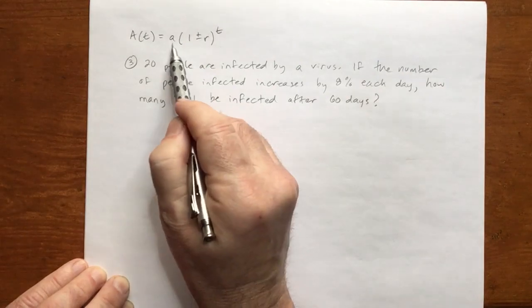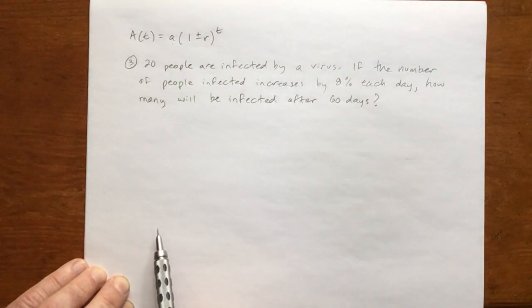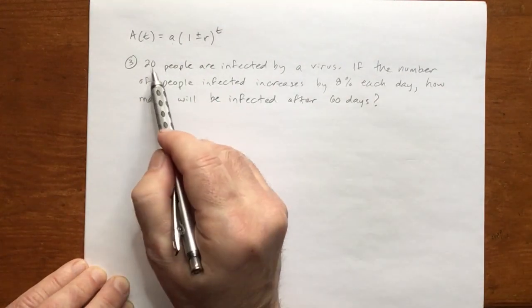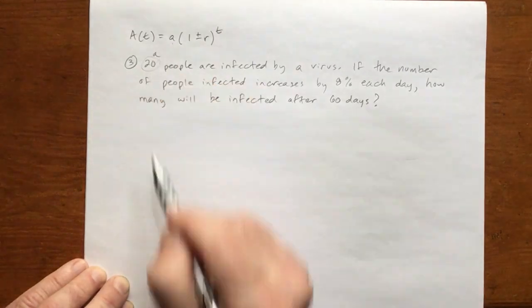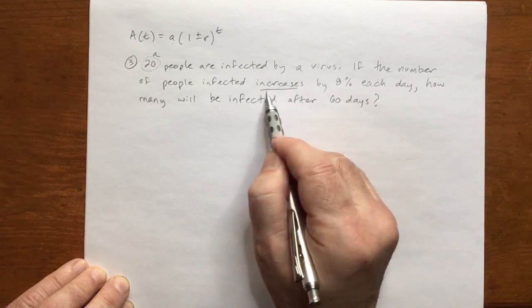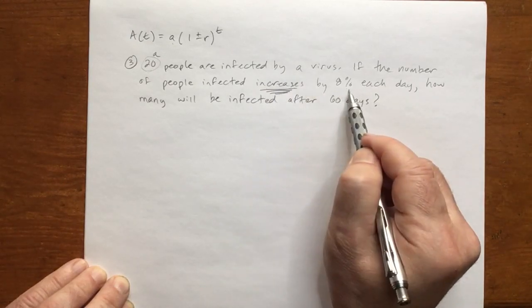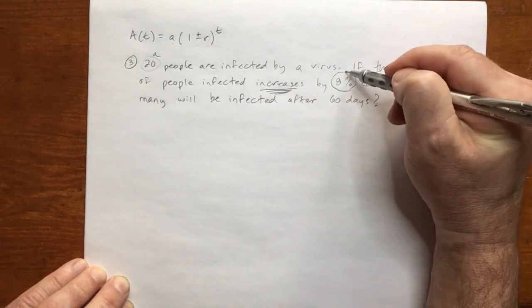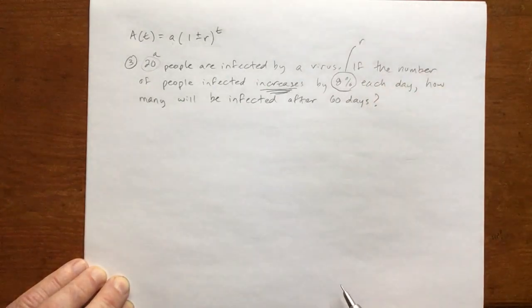Okay, and so if A represents our starting amount at t equals 0, A must be 20, so I'll label that as little a. 8%, we're increasing, that's an important word there, we're increasing by 8%, so this must be our rate of increase.